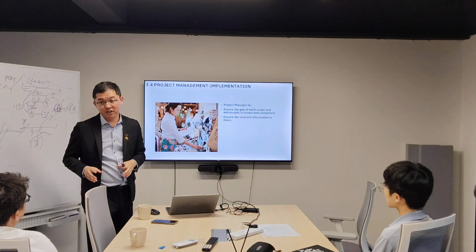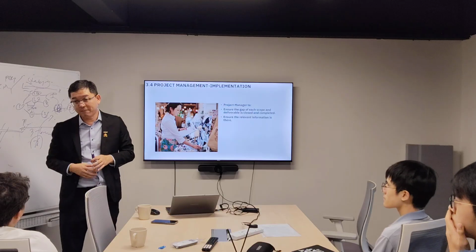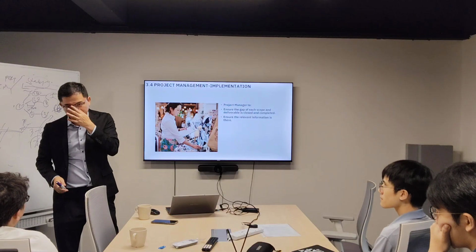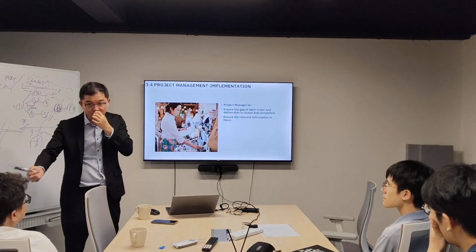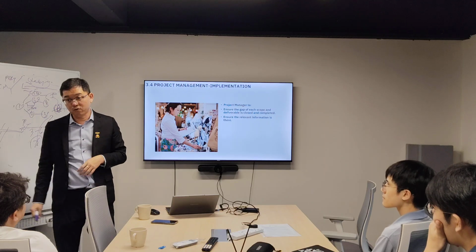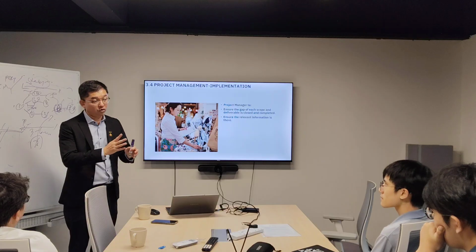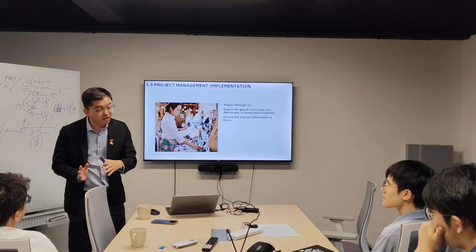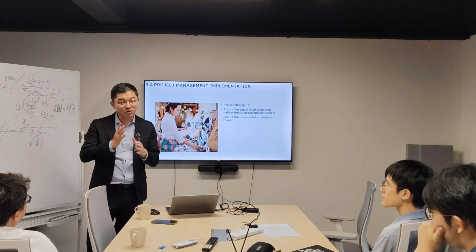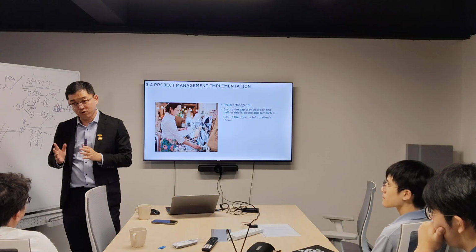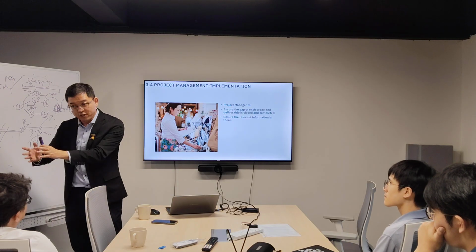If let's say your scope is asking to put the marble, the contractor puts the ceramic, then as a project manager, you need to ask them to take it up before they continue. Or maybe at an early stage, you need to approve the material first. You need to ask them to submit the material before they proceed with procurement and before they construct.